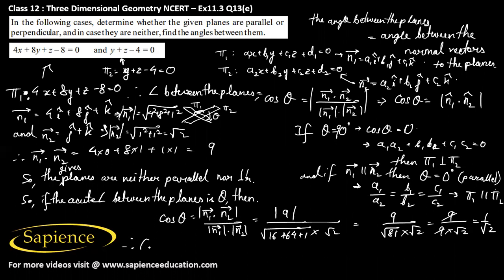So therefore theta will be equal to cos inverse 1 by root 2. So cos inverse 1 by root 2 is pi by 4 radian, or it is 45 degree.